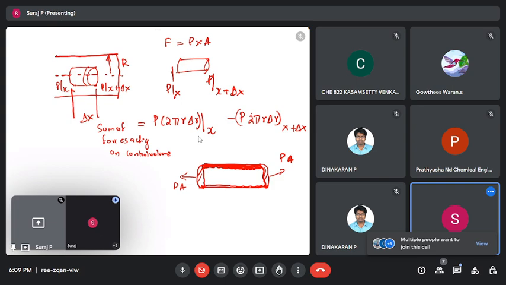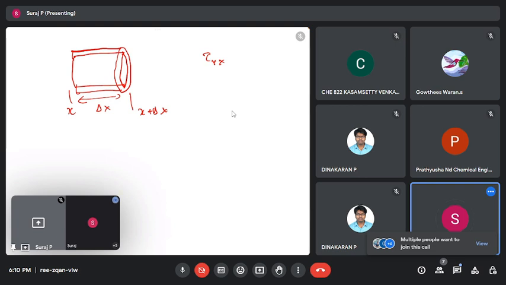If tau Rx is the shear stress acting in the radial direction, the net shear force will be equal to tau Rx into 2 pi r delta x.